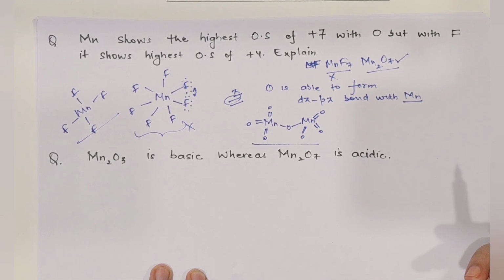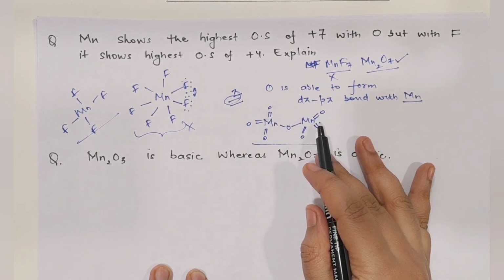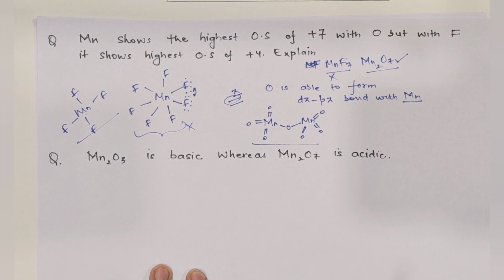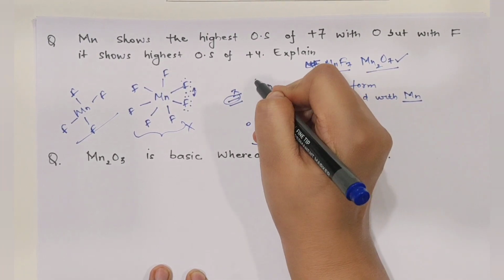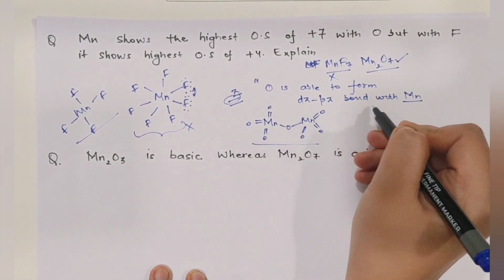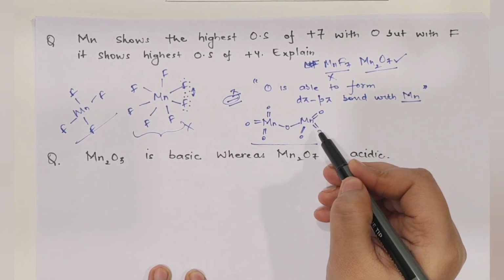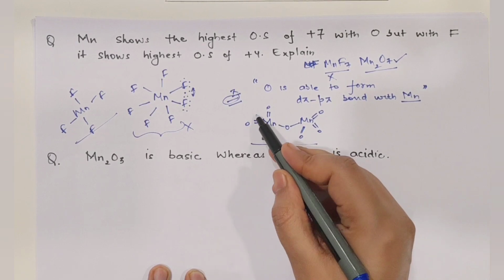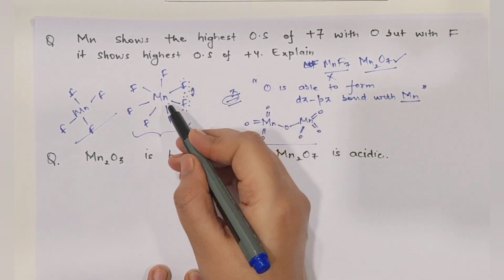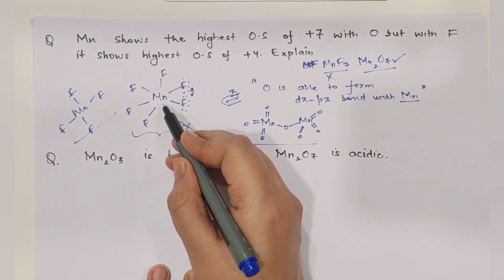This is stable, right? I hope this is not too messy or confusing. The only thing that you have to write is that since oxygen is able to form a d pi p pi bond with manganese, Mn2O7 is not as crowded. The central metal ion is not as crowded as it would have been if MnF7 was to be formed.